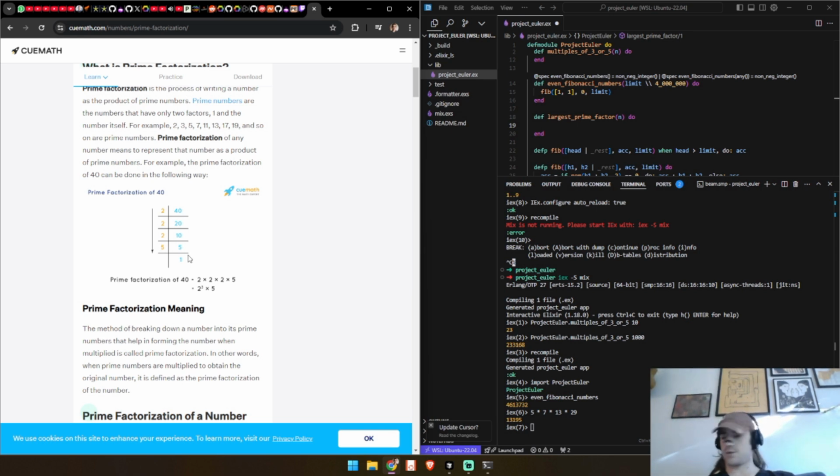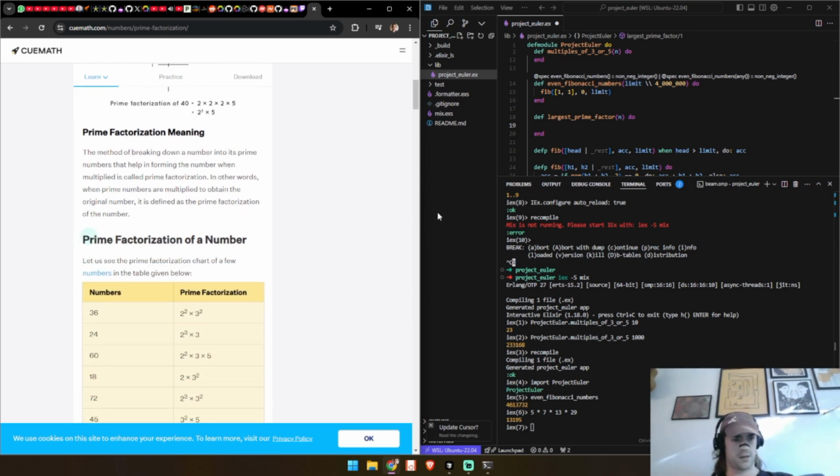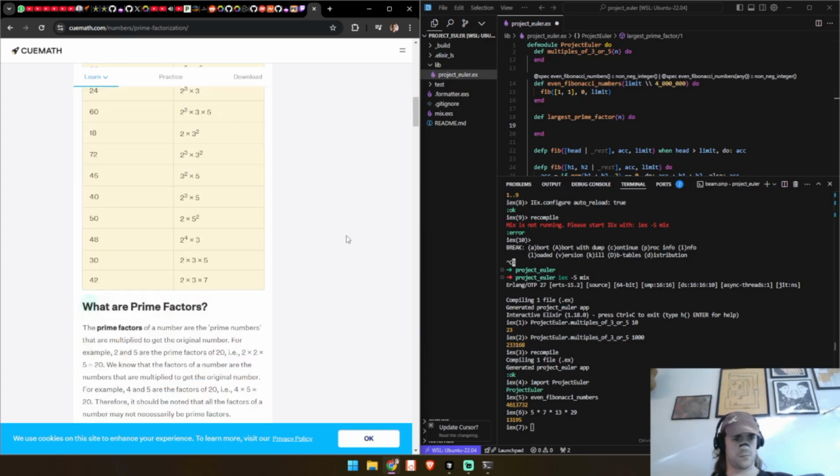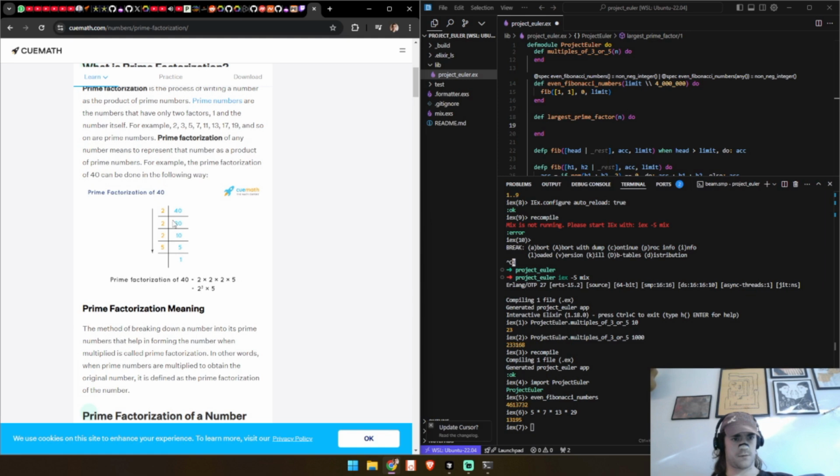How many primes should I take into account? So as far as I see, the method here is going with smaller prime numbers and getting to bigger ones until you reach 1, and then that is the largest prime number here. Okay.